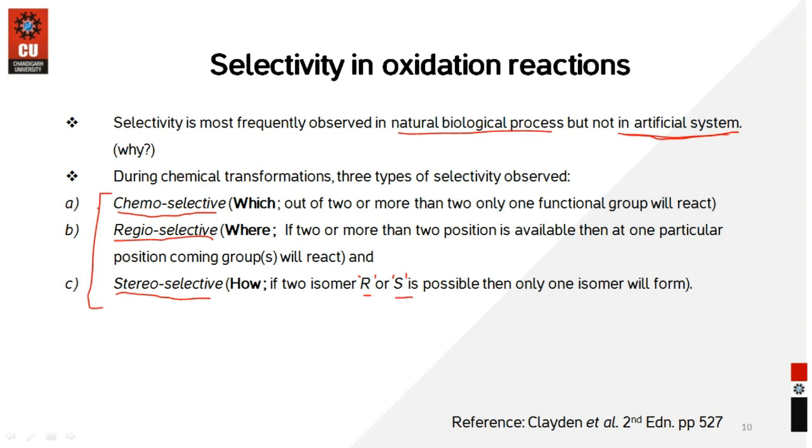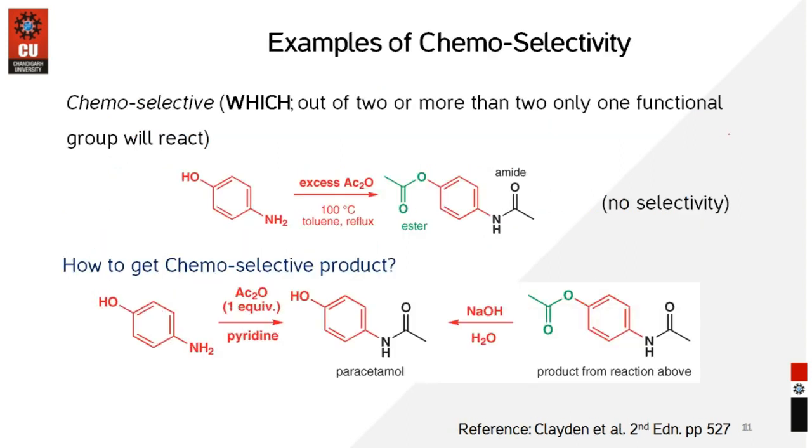However, we can achieve these kinds of selectivities in artificial systems by adjusting the catalyst, reaction conditions and reagents. So that is a very important topic. Let's discuss these three kinds of selectivities one by one. The first example I am taking is chemoselectivity.